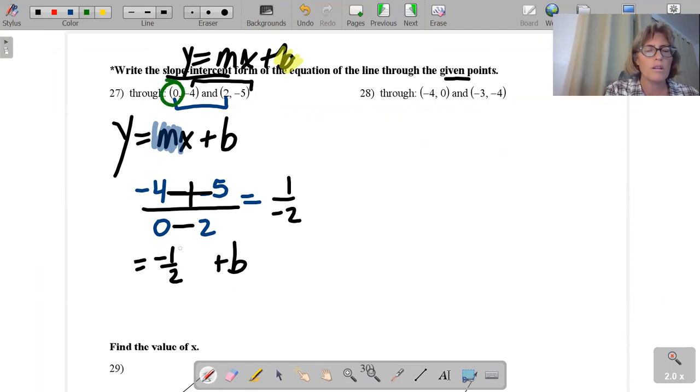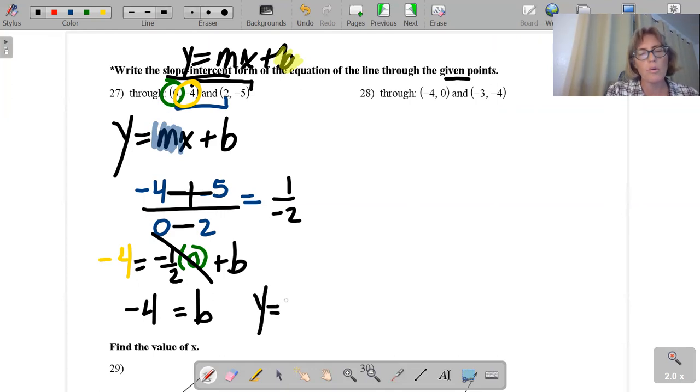So our x is going to be 0, and our y is going to be negative 4. So negative 1/2 times 0 cancels. So it's easy to tell what your y-intercept is, which is negative 4. So the final equation for number 27 is going to be y equals negative 1/2 x minus 4.